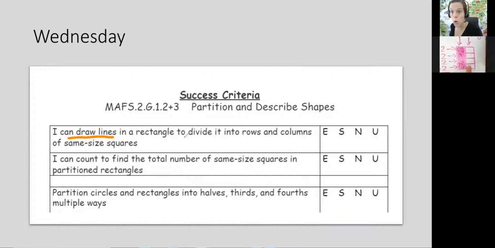No. But you have to try to make them equal, okay? You can count to find the total number of squares. That's what we're really focusing on today. And look, you already did it. We divided that banana bread and we counted 8 squares. Really not that difficult, huh?